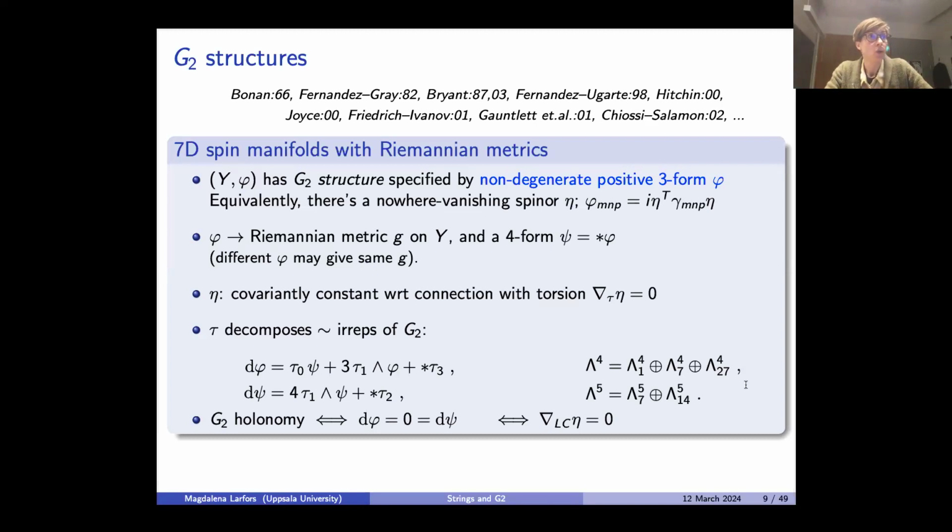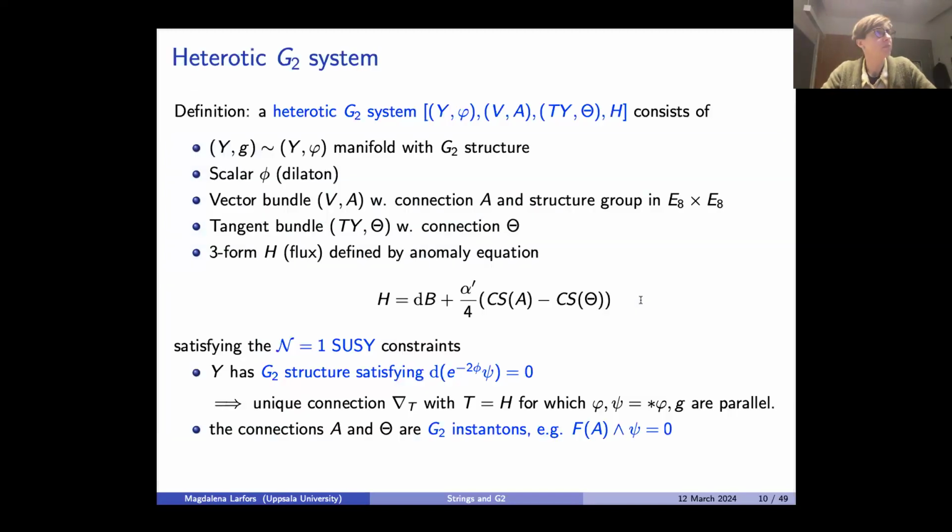Or if we just want to talk from the perspective of the 3-form phi, then it has to be closed and co-closed. And this corresponds to the torsion vanishing, which means that the spinor has to be covariantly constant with respect to the Levi-Civita connection. Okay, so those are our G2 structures.